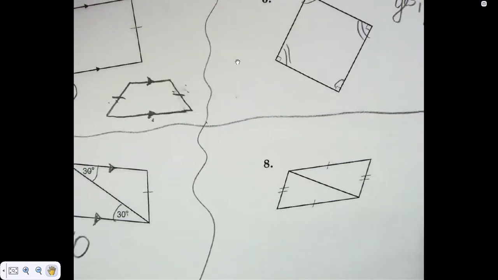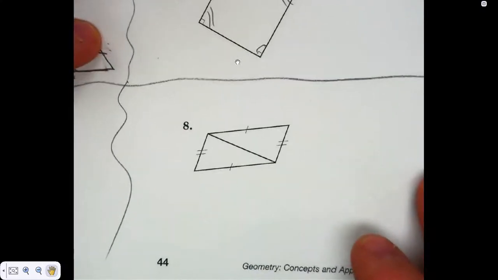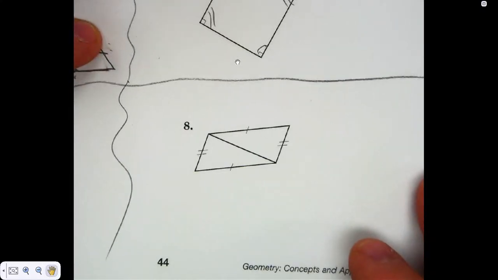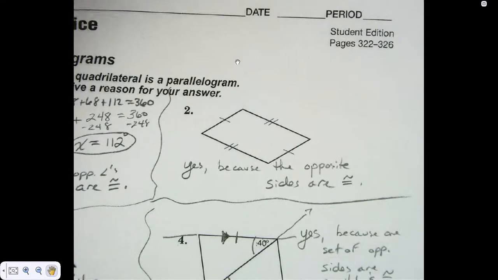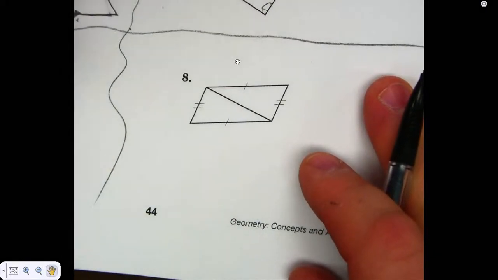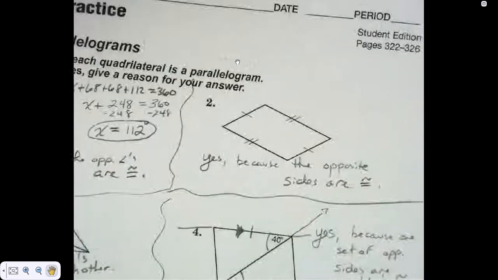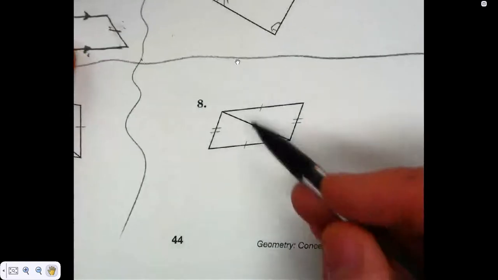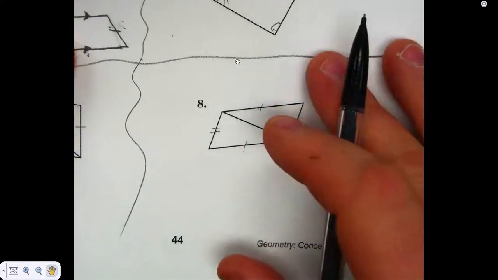Now, number 8. What sometimes can help you when you're doing these problems is figuring out where they're trying to trick you. Is there really any difference between this problem and number 2, which was obvious? What did they throw in there? They decided to draw a diagonal, didn't they? But does that really change the fact that the opposite sides are still congruent?